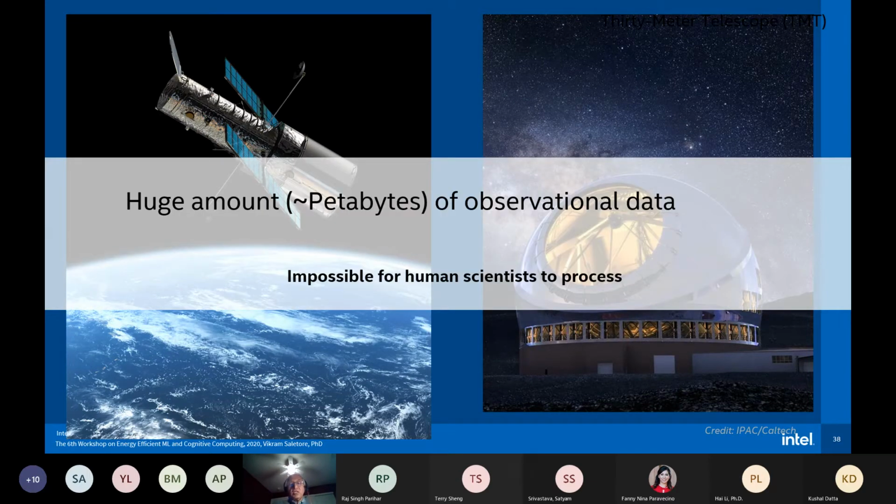A large number of images are obtained, and they have to be processed. Sometimes they actually have volunteers process these images to know what they look like, and that's an extremely intensive process, and they have to be stored somewhere as well.